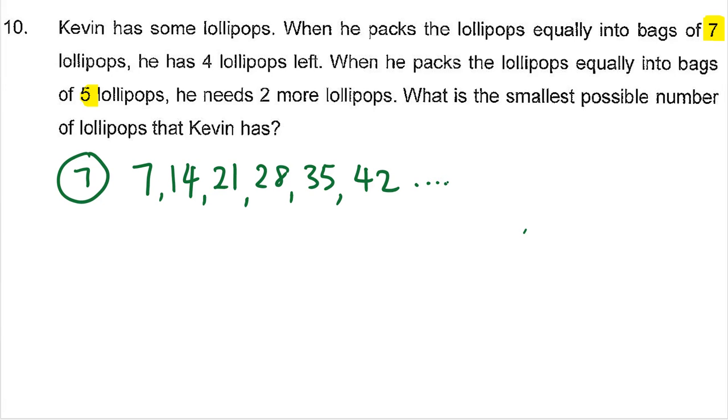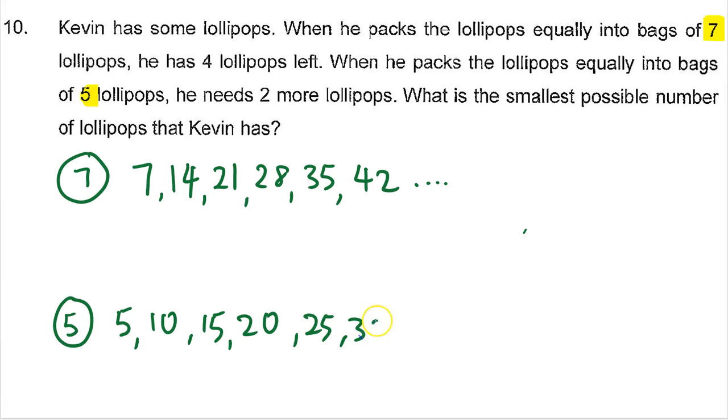And then I'm also going to list out the multiples of 5, which gives me 5, 10, 15, 20, 25, 30, 35, and 40. Now, of course, these are not the exact lollipops. They are just the number of bags. So if you pack it into 3 bags, it means that you have 21 lollipops.